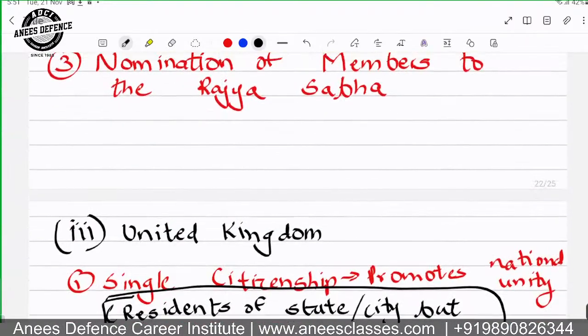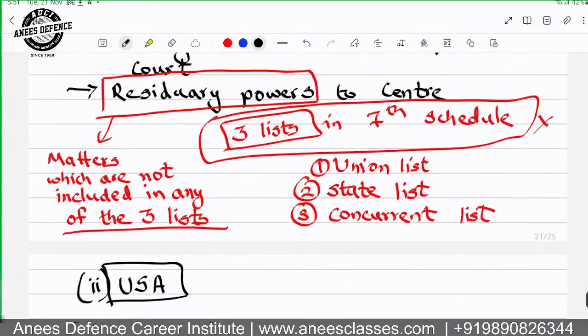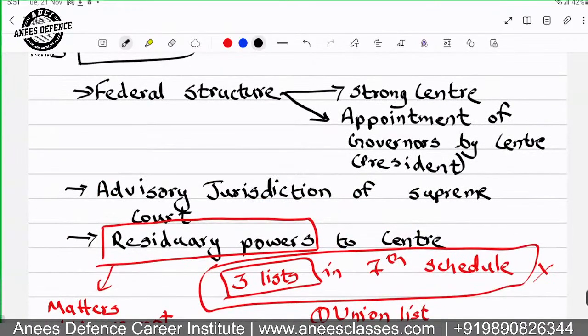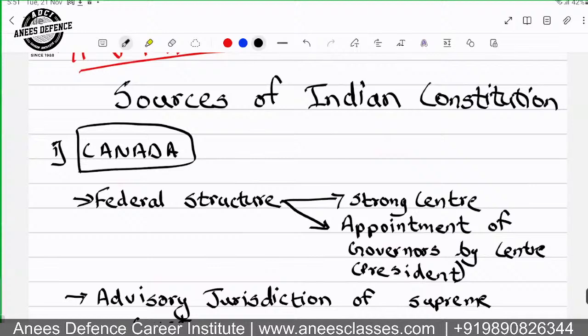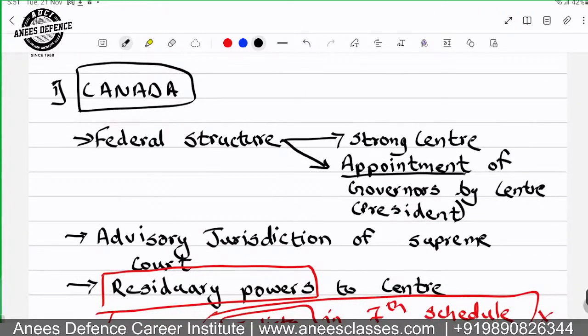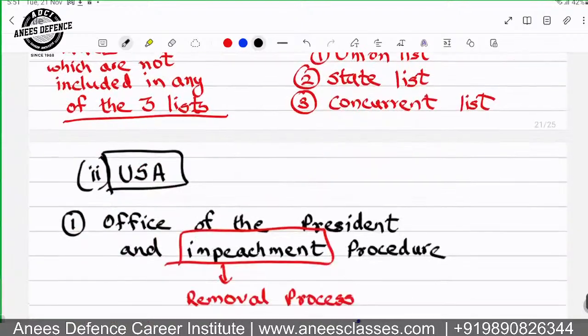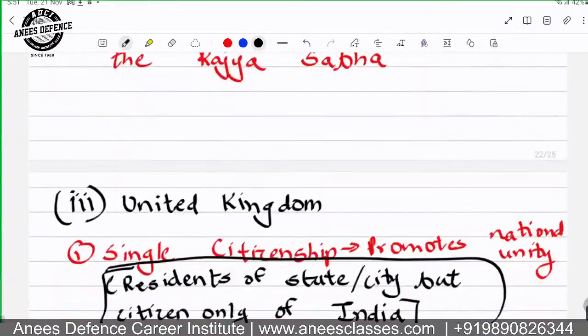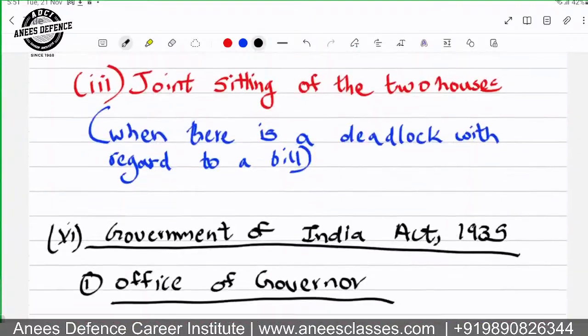At that time, the Government of India Act designated a functionary as governor, under whose name all the business of the state government was carried forward. Here, appointment of governors is from Canada. Now, let us move forward.